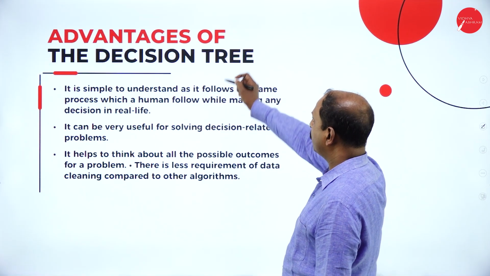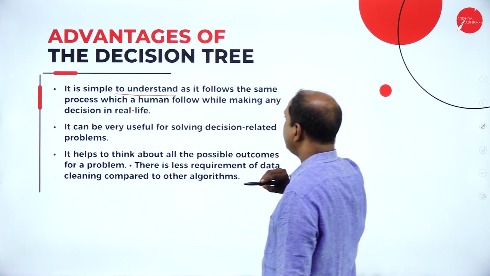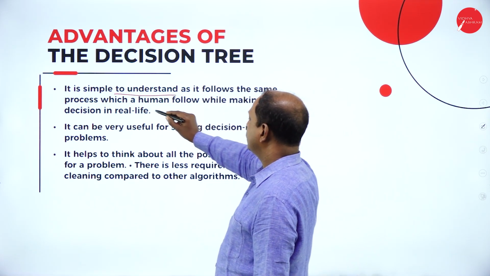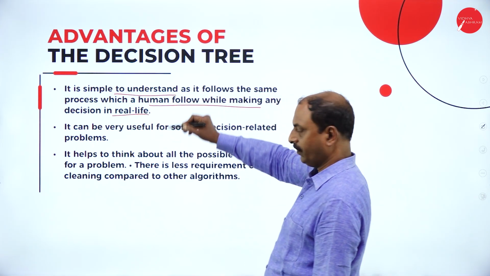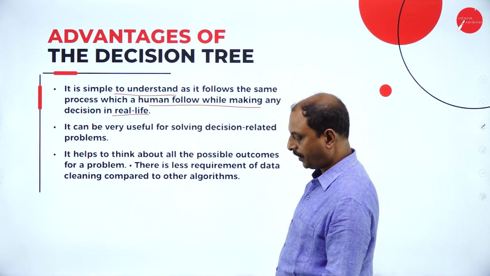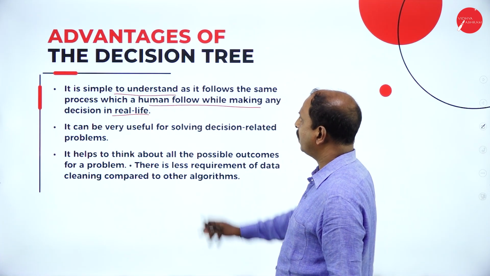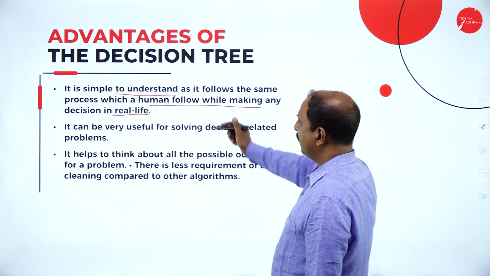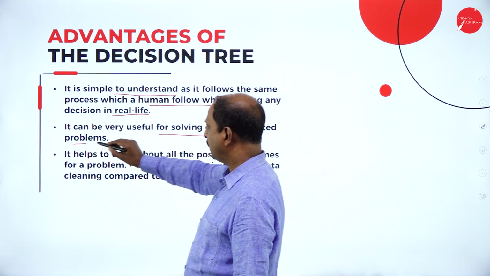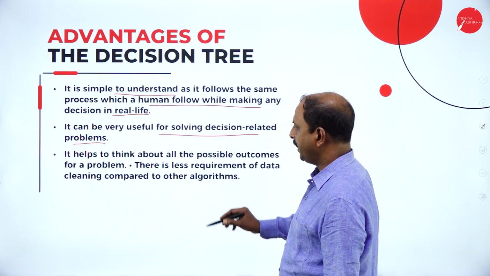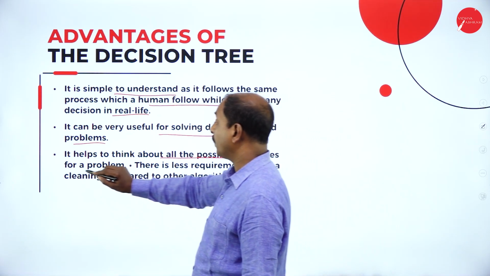Now let us see what the advantages of this are. It is simple to understand, as it follows the same process which humans follow while making any decision in real life. The example you have seen in the previous slide is a real-time example for the decision tree algorithm. Next, it is useful for solving decision-related problems. Second advantage, it helps to think about all the possible outcomes for a problem.